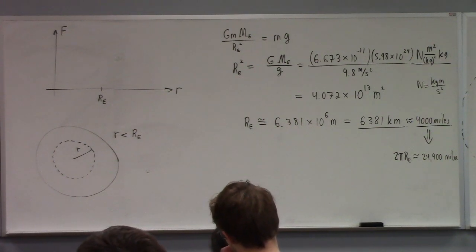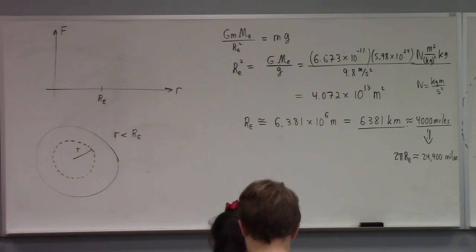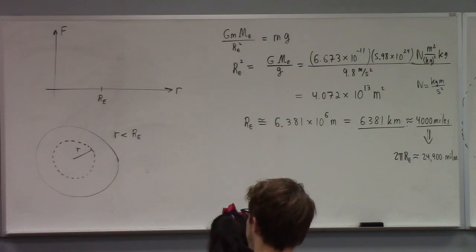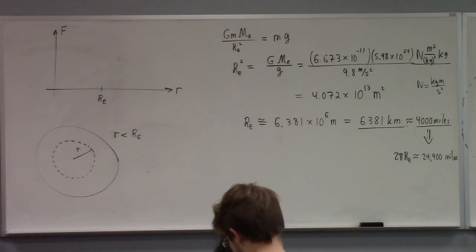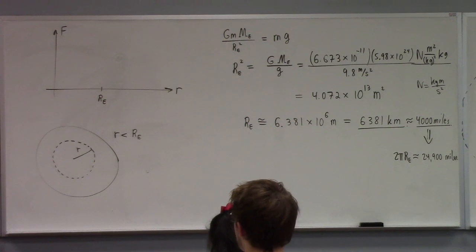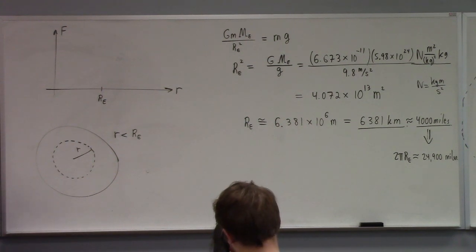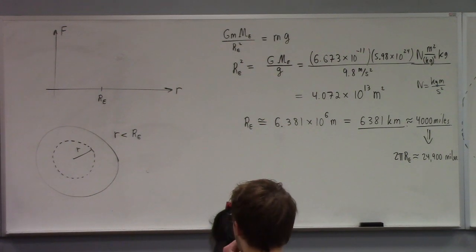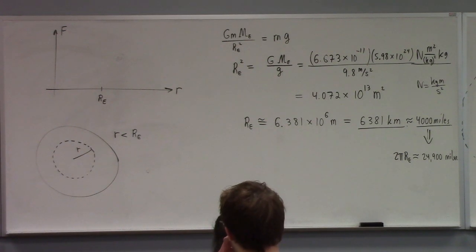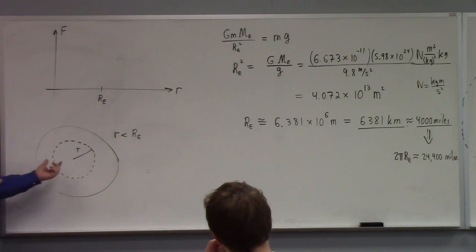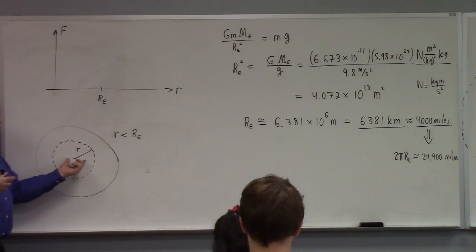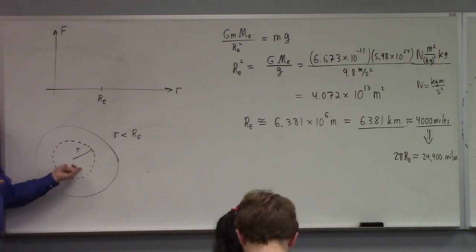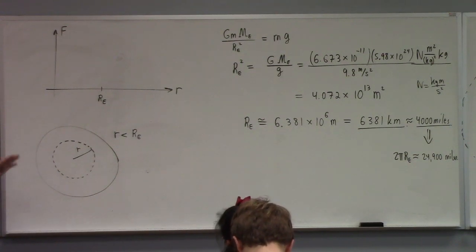All of the mass outside of that radius is pulling away, but it's pulling away in a symmetrical fashion such that it all zeroes out. This can be made more precise by mathematics that I don't have at my disposal here, but in a nutshell, the force of gravity at distance r is just based on how much mass of the Earth is inside radius r.